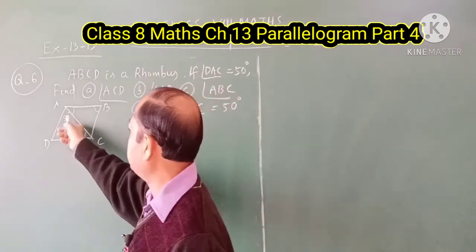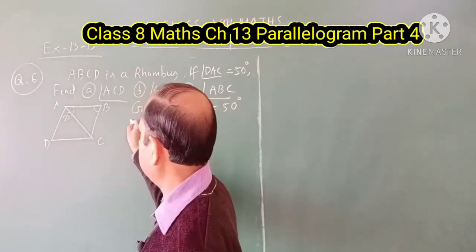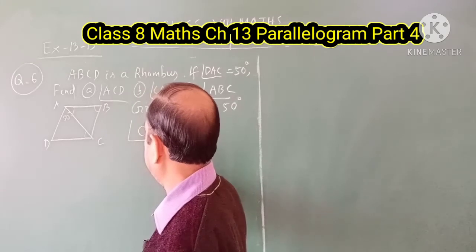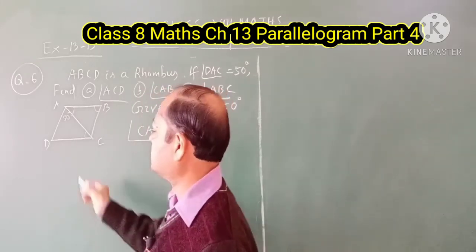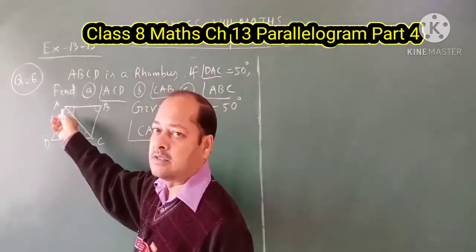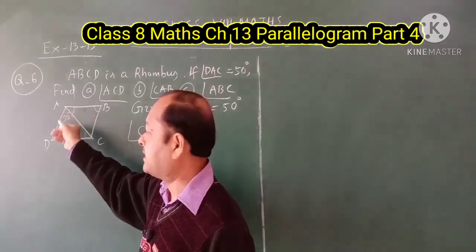So if it is 50 degree, then this part also 50 degree, that is angle CAB also 50 degree. What is the reason? The reason is the bisector here. The bisector bisects the angles equally. Okay, interior angles.